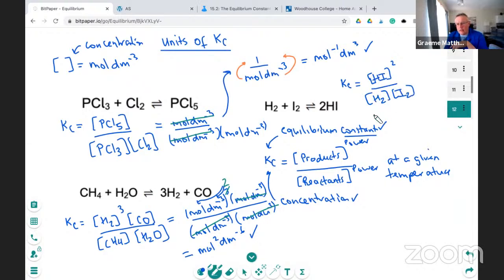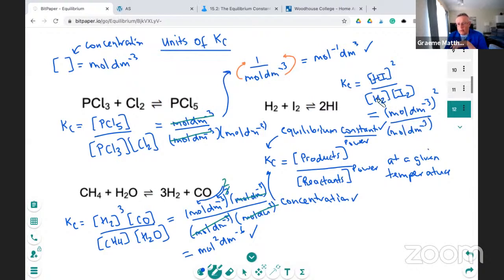And so this is going to be what, moles per decimeter cubed up the top squared. And at the bottom, this is going to be, well, moles per decimeter cubed. I think you can see where I'm going with this one. Times moles per decimeter cubed.